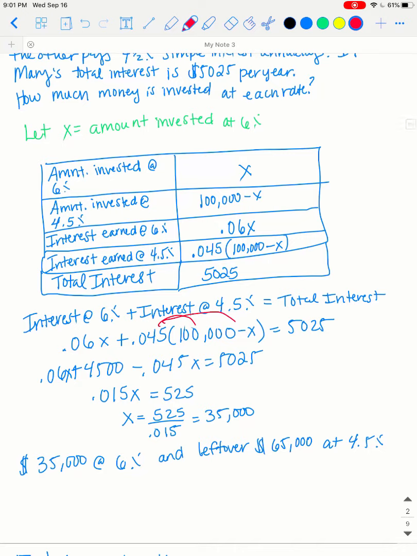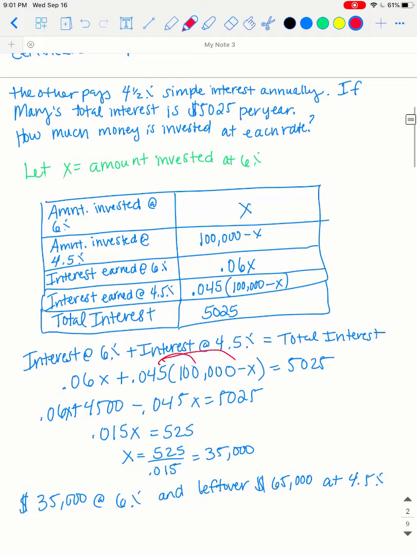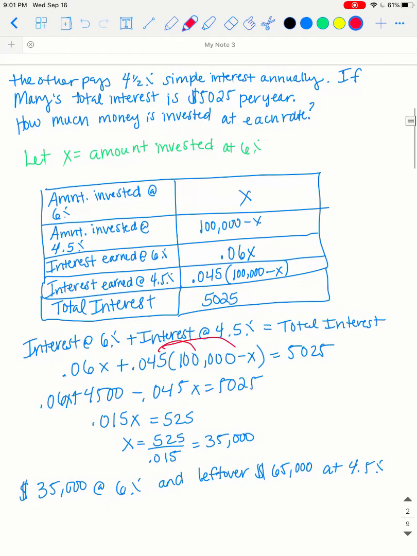So we get 0.015x equals 525. So our X is 525 over 0.015, which ends up being 35,000. So she invested $35,000 in the 6% certificate, and then we subtract $100,000 minus $35,000 because of this here.